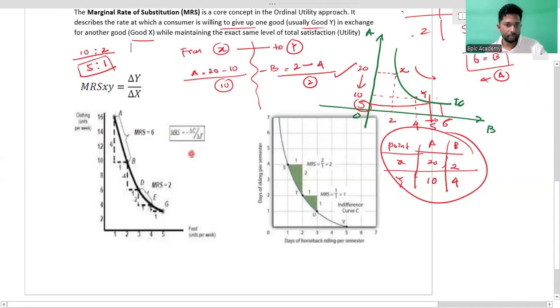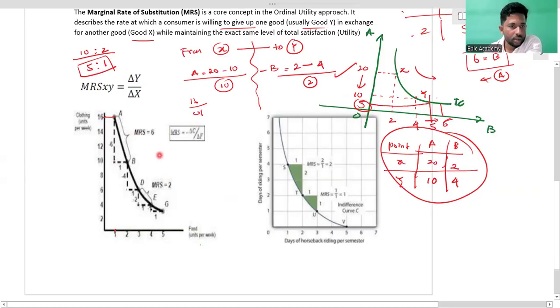In here, you can identify the position of A. At point A, you are going to consume 16 units of clothing and only 1 unit of food.